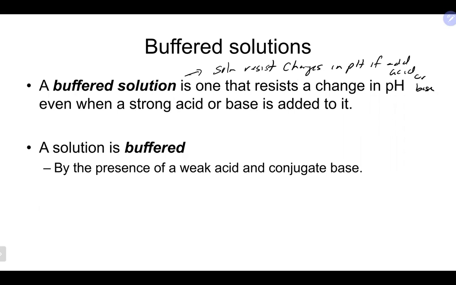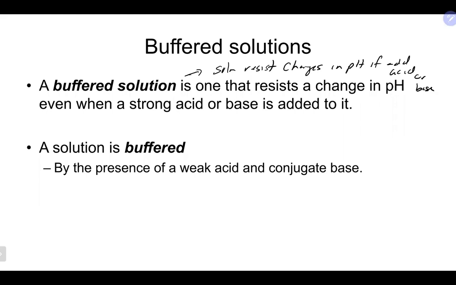The thing is, whatever pH it starts at, if you add additional acid or base to the buffer, the pH pretty much will stay around that number. It might go up a little bit, it might go down a little bit, but what you will not see is a big giant jump in pH. So, for example, if I made a buffer at a pH of 6 and I add acid to it, it will stay around a pH of 6.